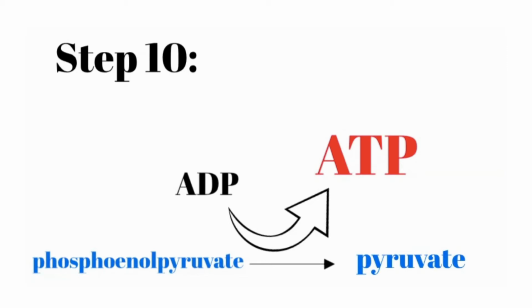Glucose has 6 carbons. Each pyruvate has 3. Since there's 2 pyruvate, 2 times 3 is 6. That accounts for all of the carbons that were initially in glucose. How many ATP molecules are produced in step 10 of glycolysis? 2, because step 10 is happening twice.